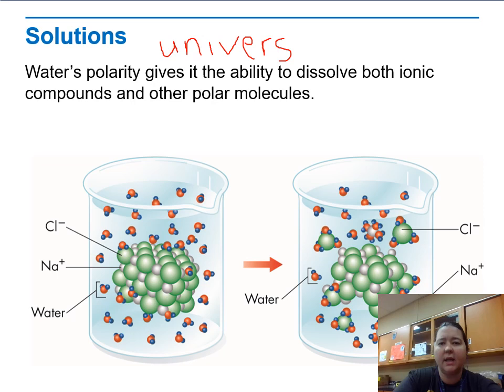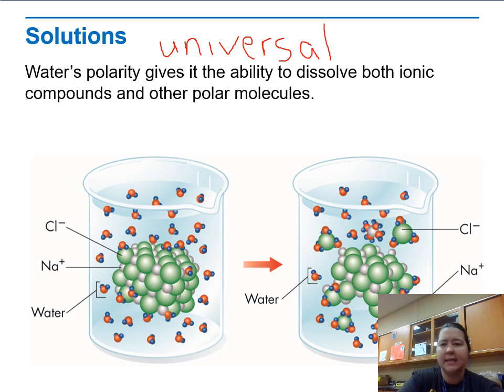So whether we're talking about an ionic compound, which is an ionic bond, like salt, where we've got an Na, so we actually have a plus and a minus, or a polar molecule that has a plus and a minus. So if you're making coffee, tea, hot chocolate, a powdered energy drink or whatever, the polarity of the water is actually allowing that molecule to dissolve.